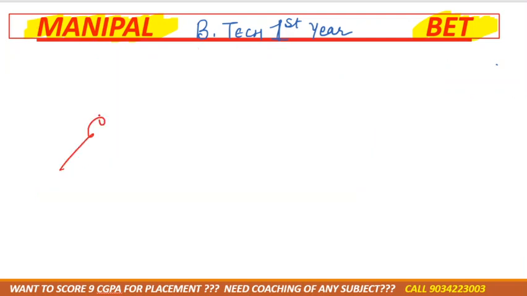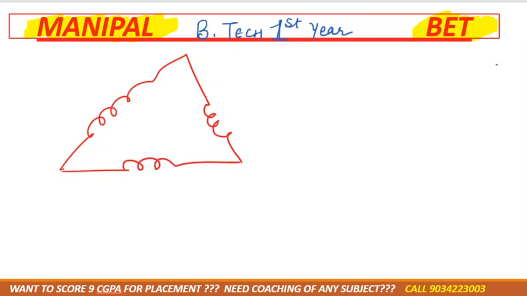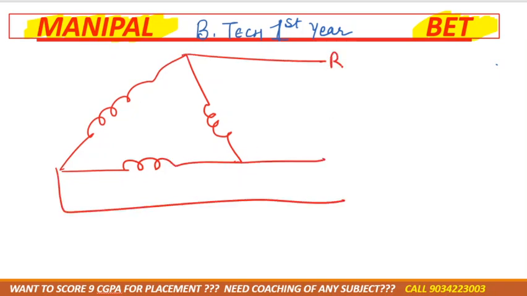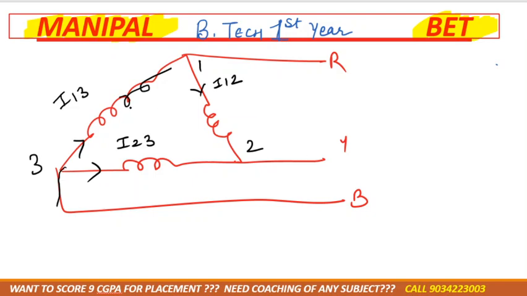Now similarly, you have to mark it for the current. This is again R, Y, B, 1, 2, 3. Now for current you mark. This one is the phase current, IPH.